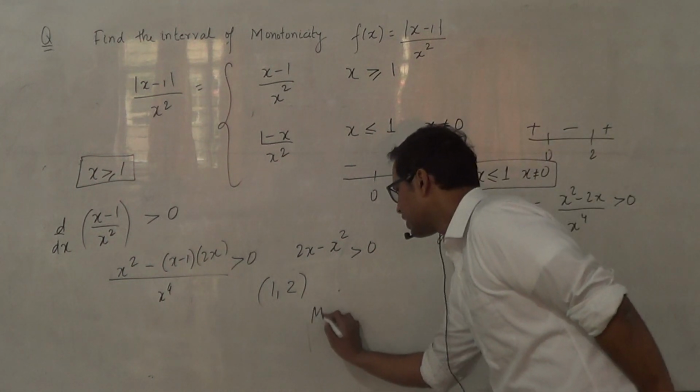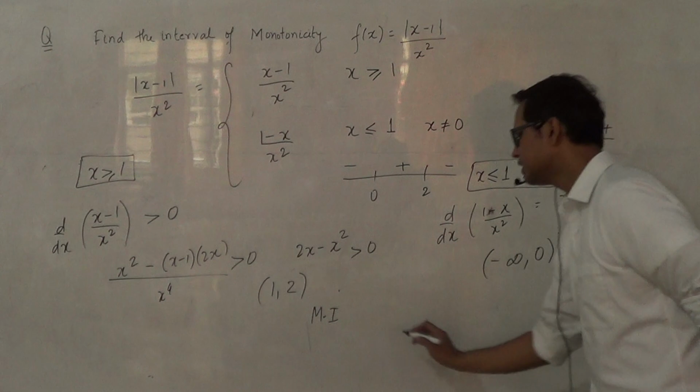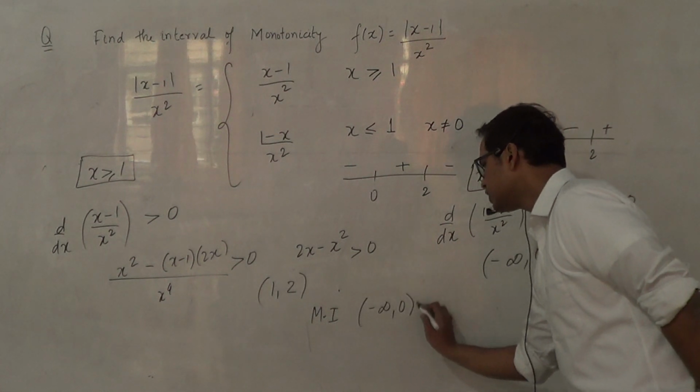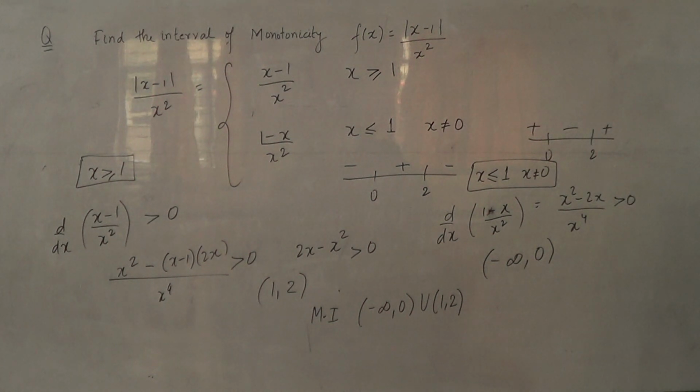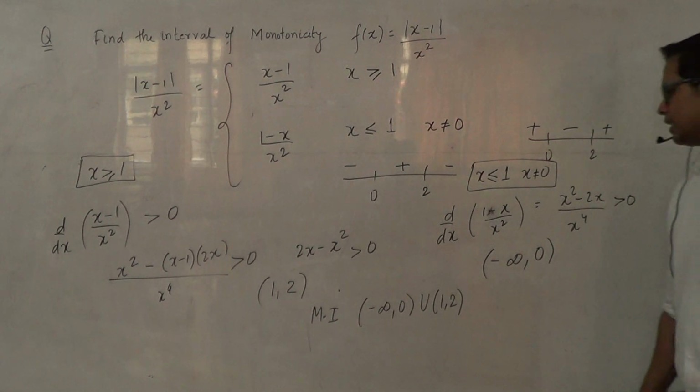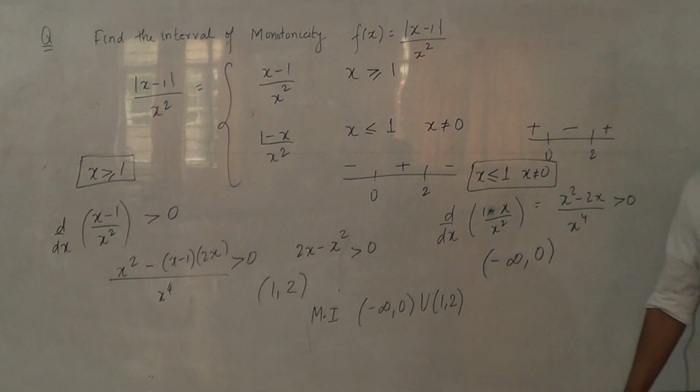So you say your function is monotonically increasing in the interval minus infinity to 0 union 1 to 2. Clear? So should it be a closed interval? Yeah, closed interval. 1 to 2 should be closed at that one, it should include 1 also.